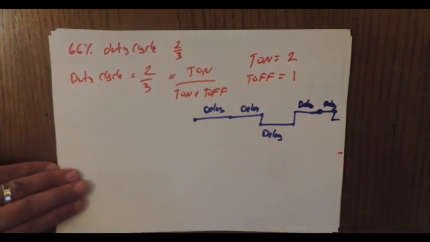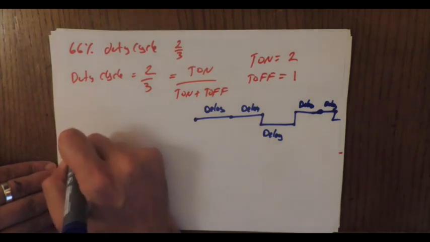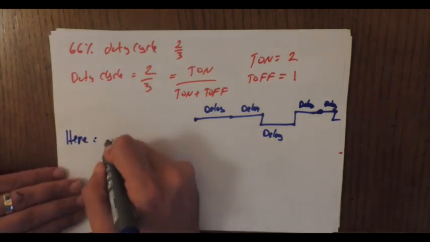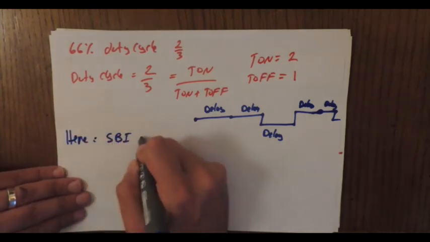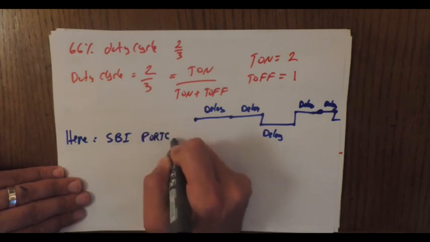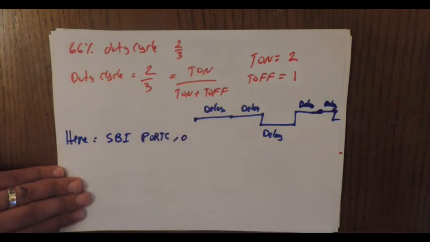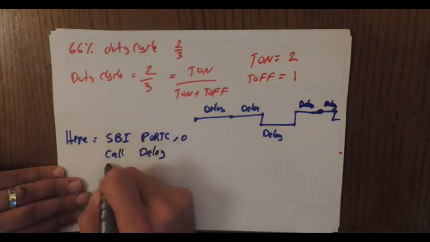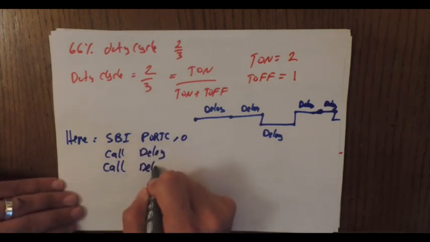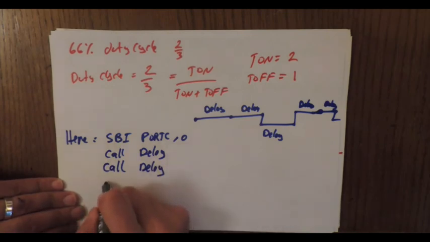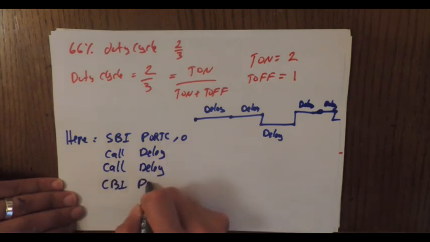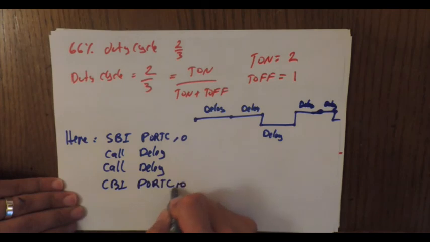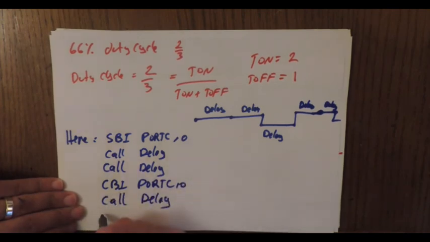So if I rewrite the loop, of course I'm going to start with SBI port C, 0. I call delay 1 time, I call delay another time, and then clear port C, 0, and call delay just 1 time, and rjmp here.